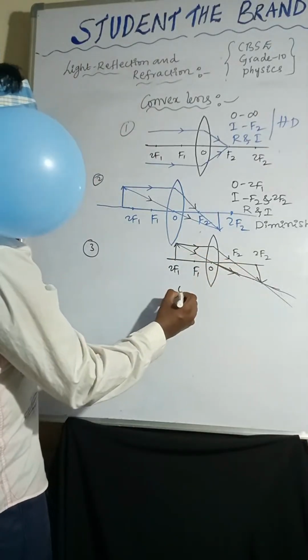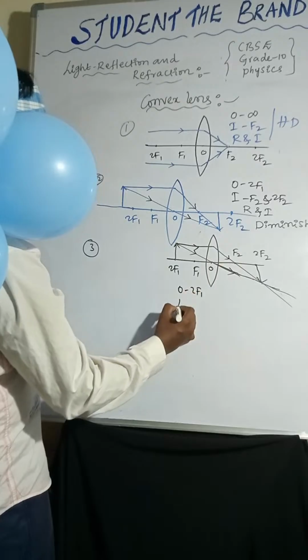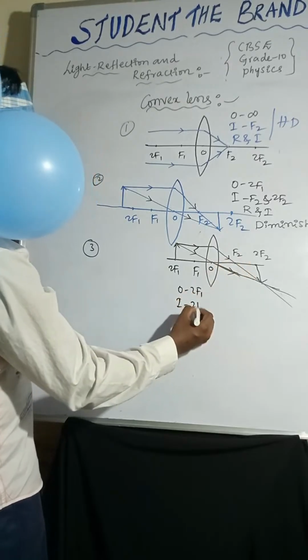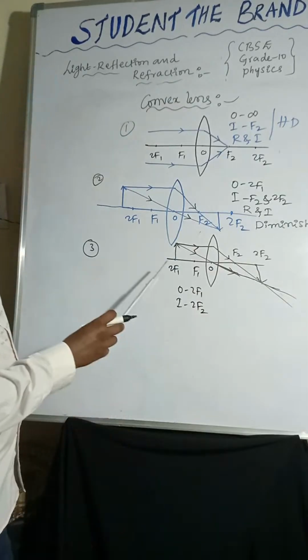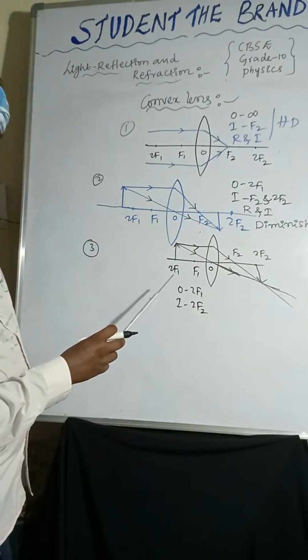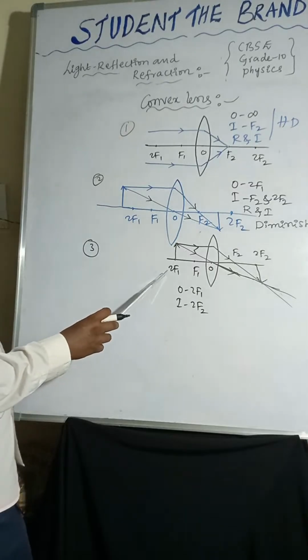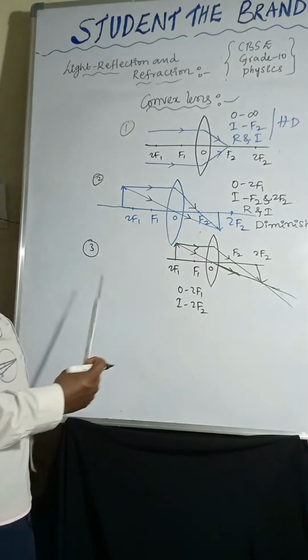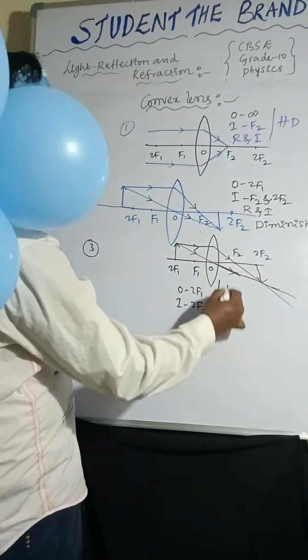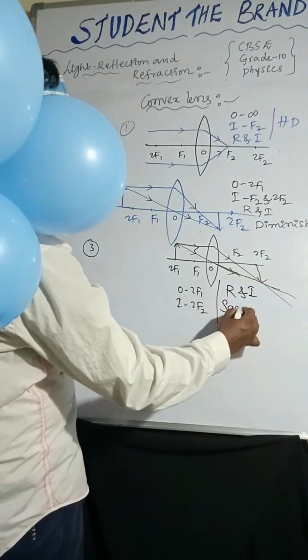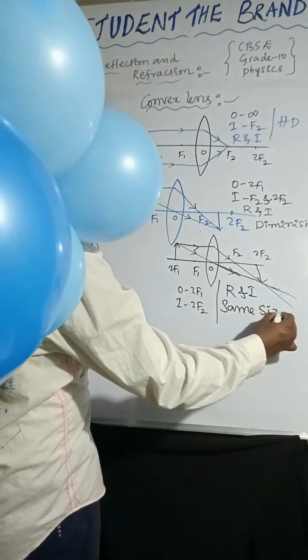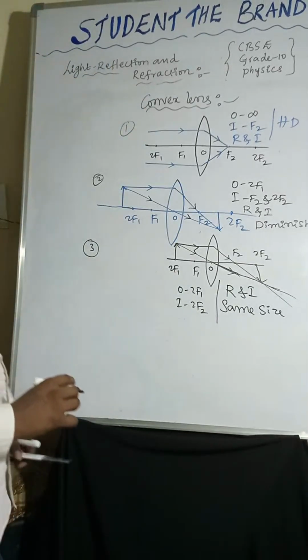Object is placed at 2F1. Image will form at 2F2. Nature of the image is real and inverted. And size of the image is the same size. Okay, so next one.